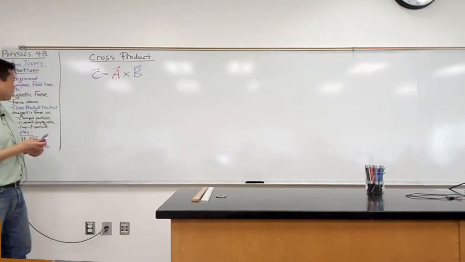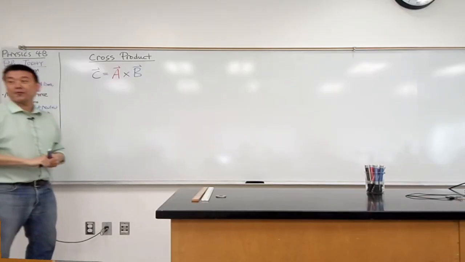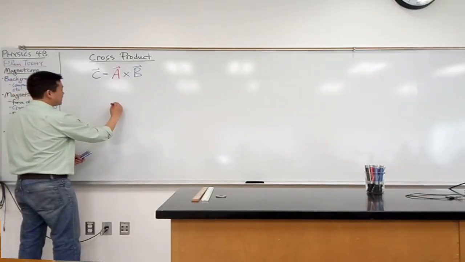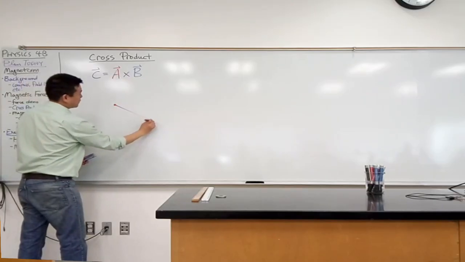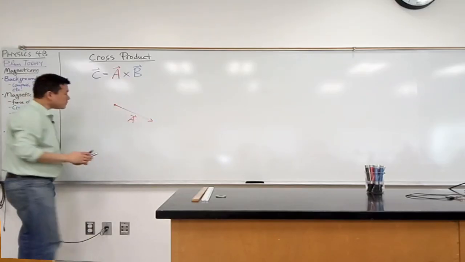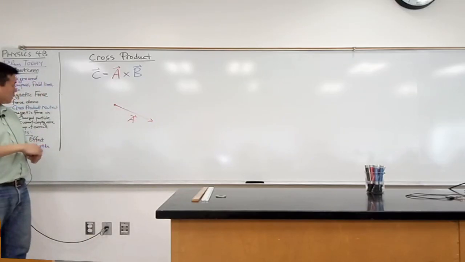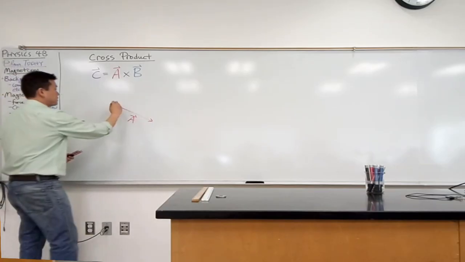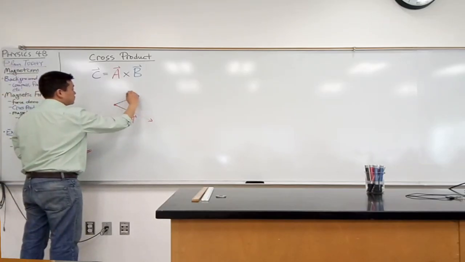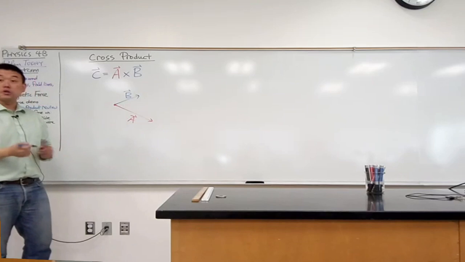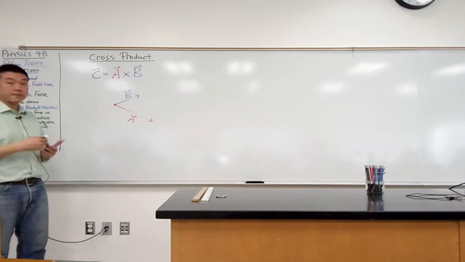So I'm going to take care to make vector A point downward so that I don't accidentally do a Nazi salute. So this is vector A. And vector B, it can be going many different ways. Let me just have it go this way. So these are the two vectors that I'm looking at to get a cross product.